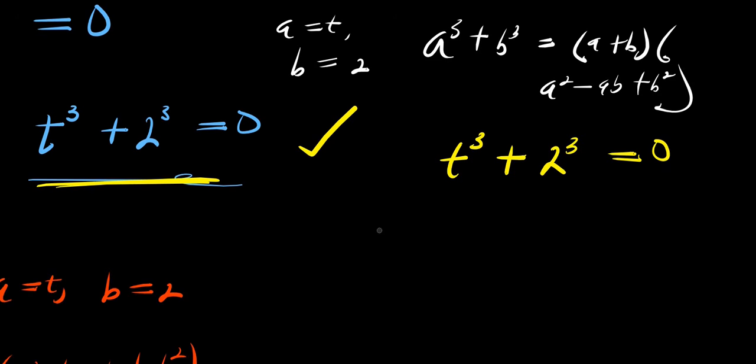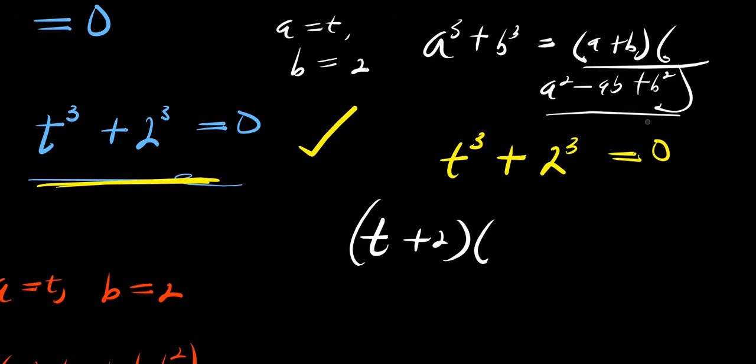So we have t plus 2 times, we are making use of this identity, t power 2 minus t times 2 plus 2 power 2, and this equals 0.